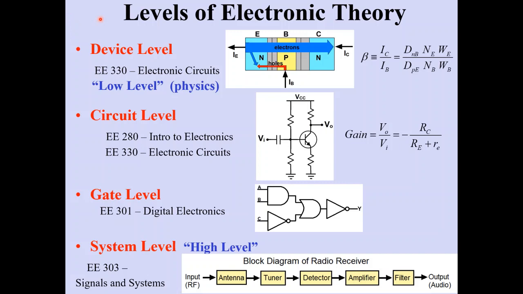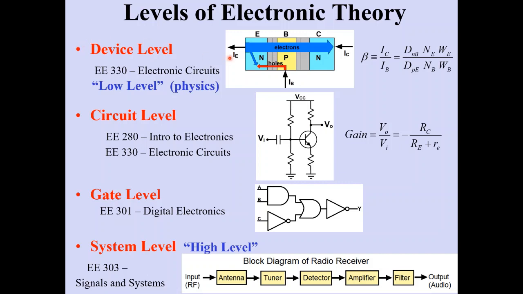Let's start by looking at the hierarchy or levels of electronic theory. The lowest and most fundamental level is called the device physics level, where the various electronic components are explained in terms of their physical properties and electrical characteristics.